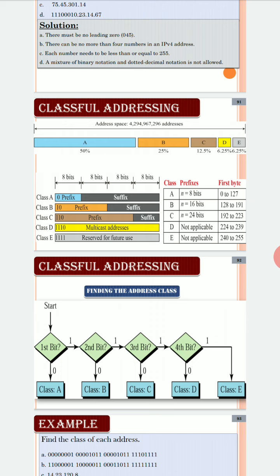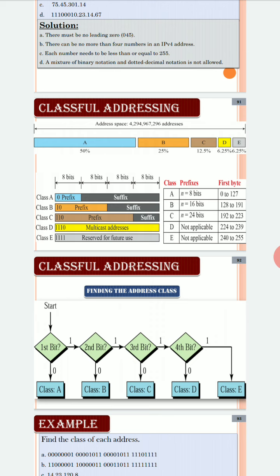Depending upon the length of the prefix as well as the first bit or few bits, we decide which class of addressing it is under classful addressing. In class A, the length of the prefix is 8-bit and the address starts with 0.